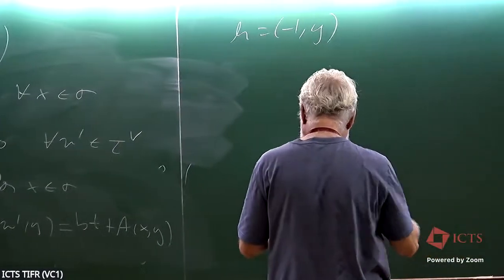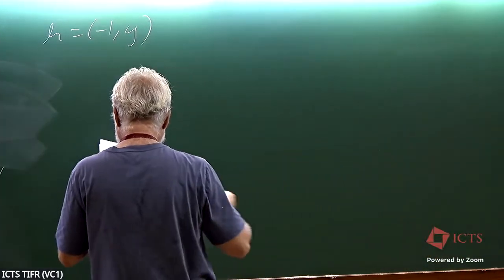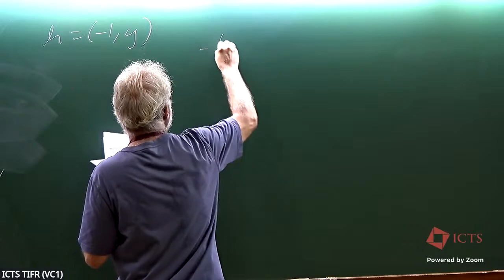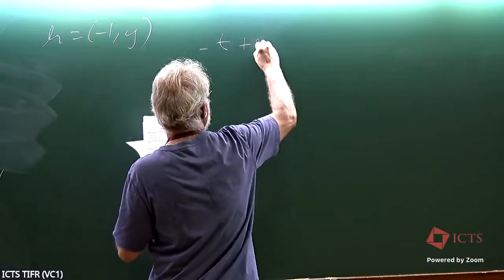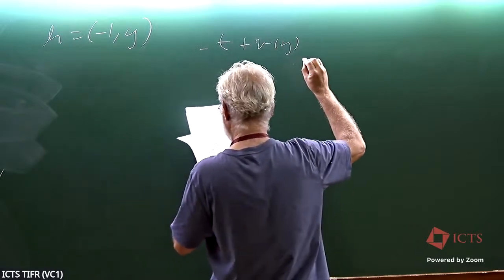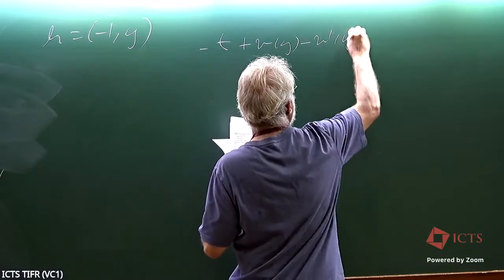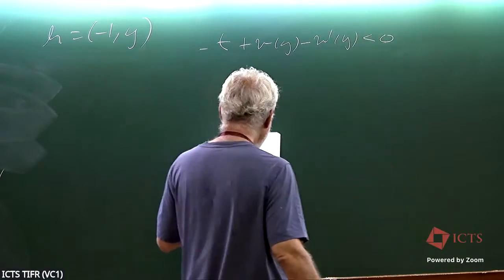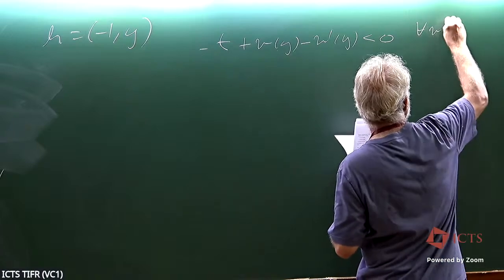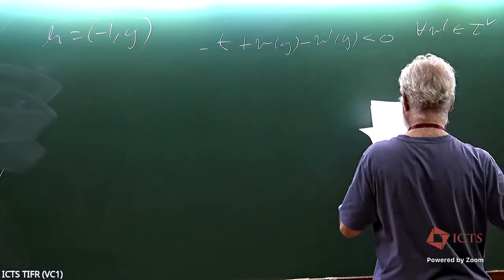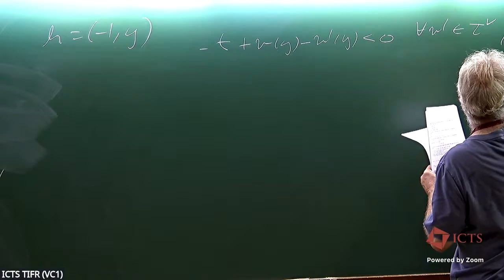And then the condition is that minus T plus B of Y minus B prime of Y has to be strictly smaller than 0 for all B prime inside tau bar and T bigger than lambda.